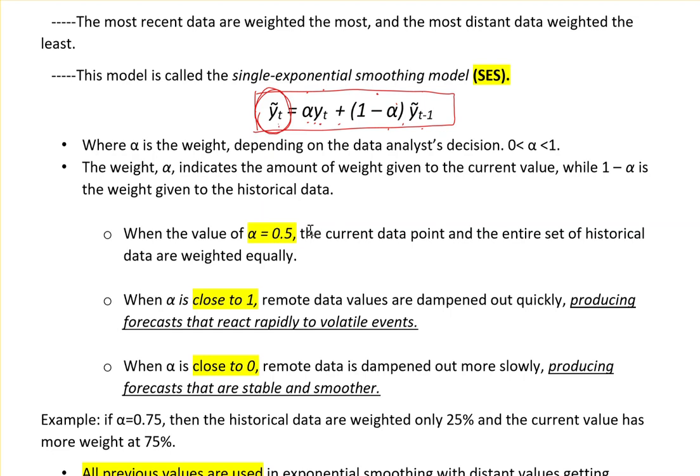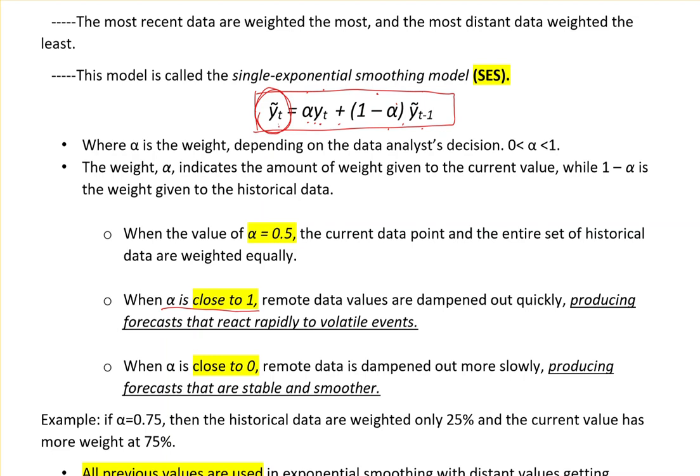Then 1 minus alpha will be very close to 0, which means all previous values are not that important.